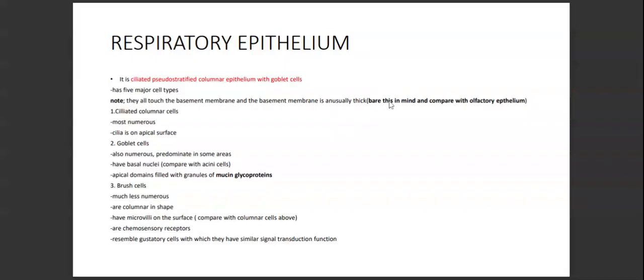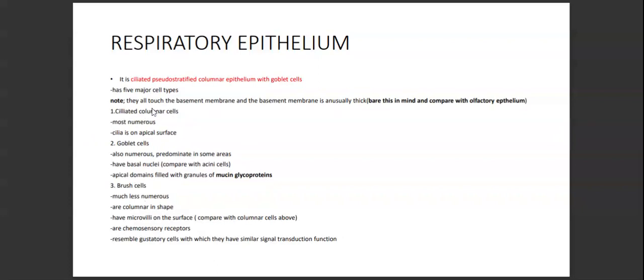Okay, so now you can compare this epithelium to the olfactory epithelium, which we're going to look at later. So let us now go into the cells. First, the ciliated columnar cells.